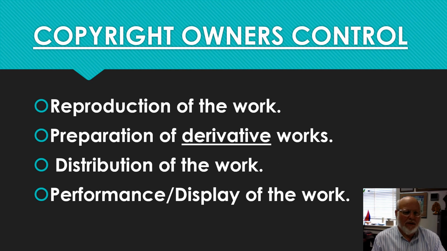Distribution of the work means where, mostly in terms of geography. If you happen to not like Italy and you don't want your copyrighted work distributed in Italy, that's fine. So this can be used anywhere in the world except Italy. It's okay.